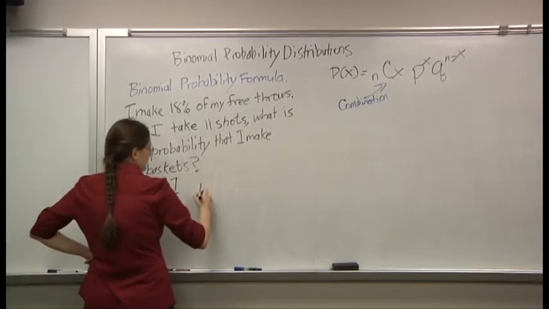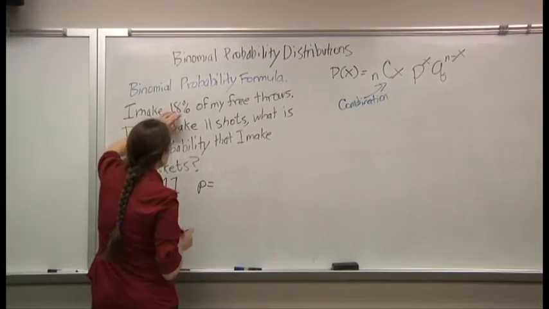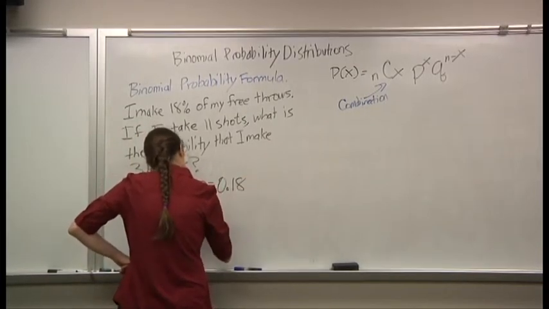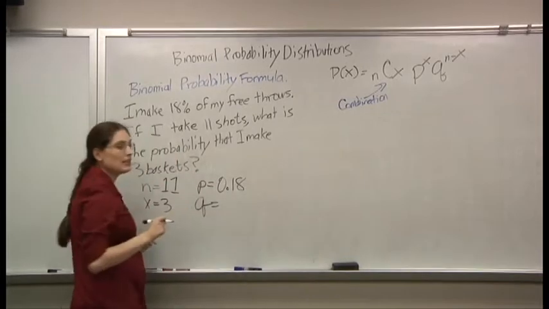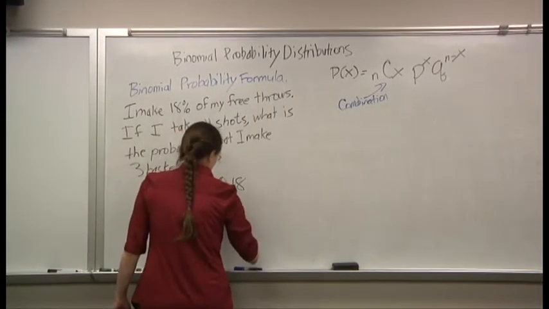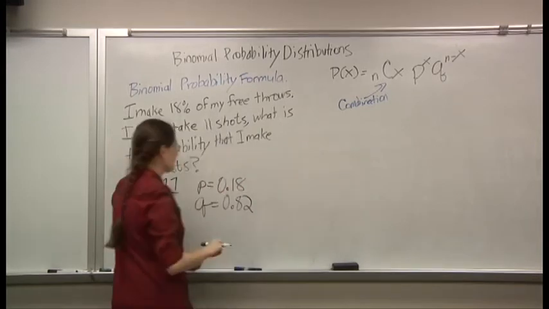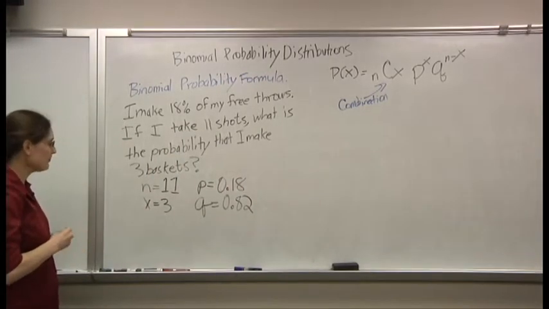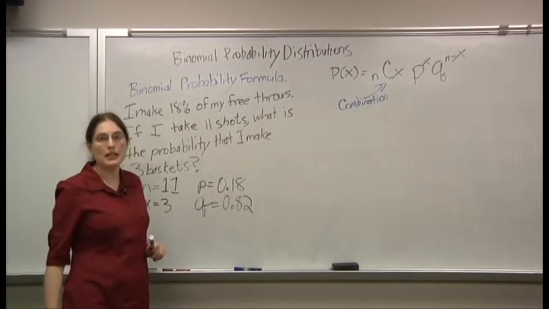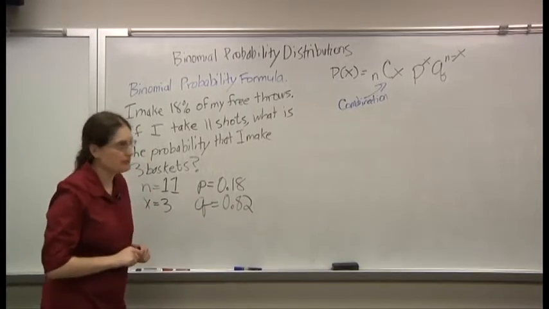What's P? 0.18. And Q is, as always, 1 minus P. Even later in the class, Q will still be 1 minus P. This will come back at you.